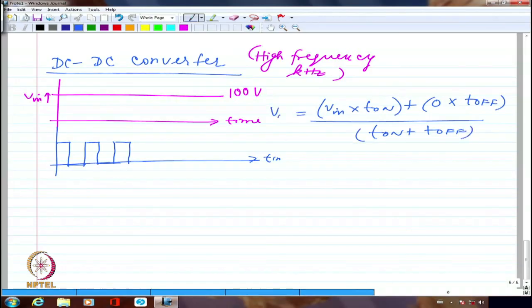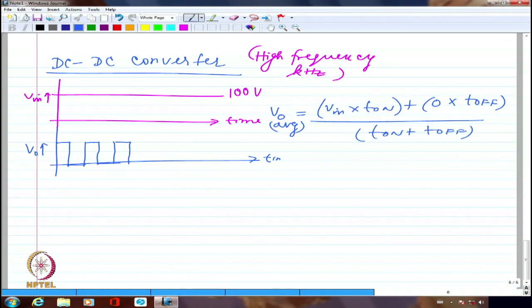This is going to be V0. So V0 average will be somewhat like this. So how long I keep the switch on as compared to T on plus T off? T on plus T off happens to be the period of this particular chopping action. Okay. So this is essentially the typical working of a DC to DC converter.